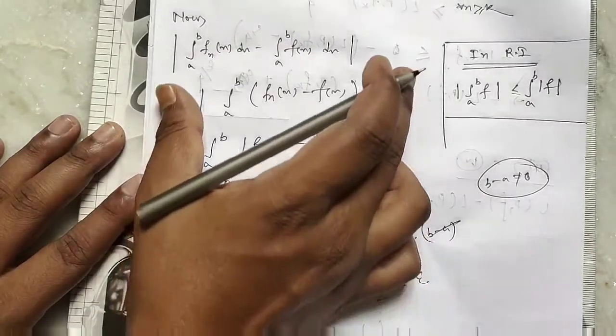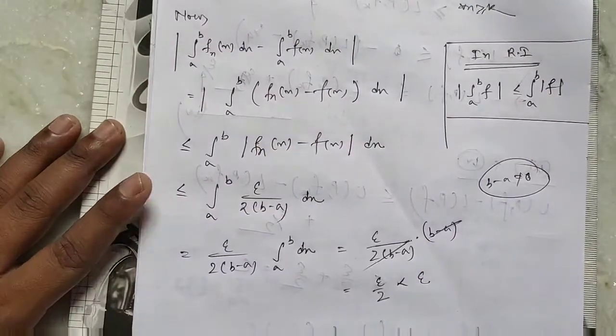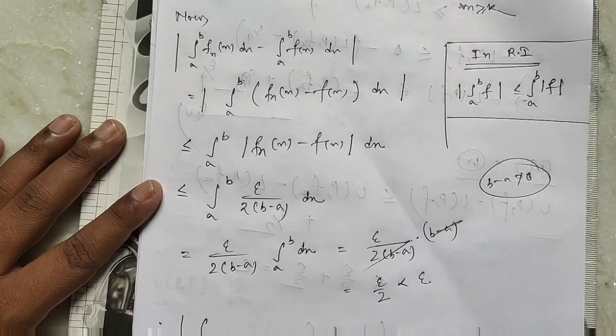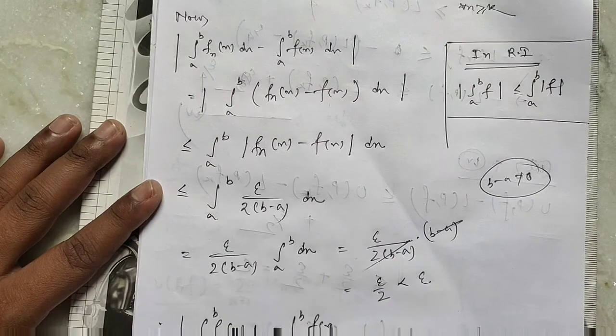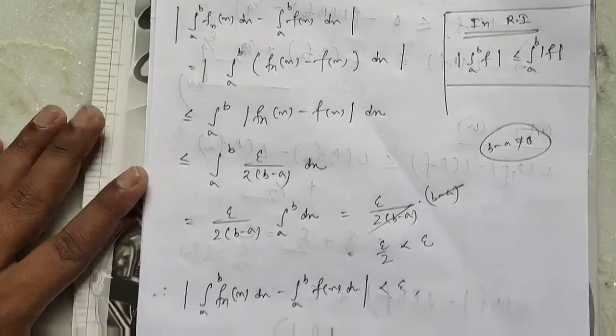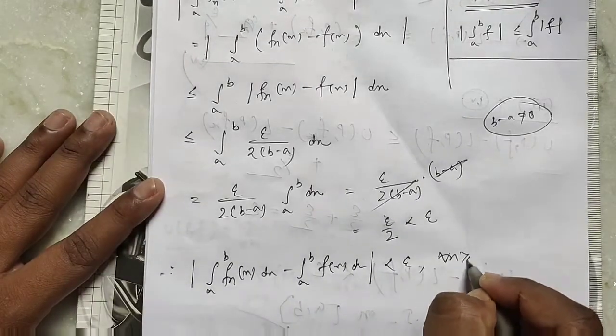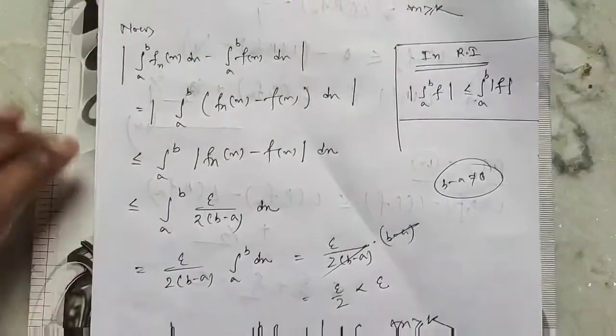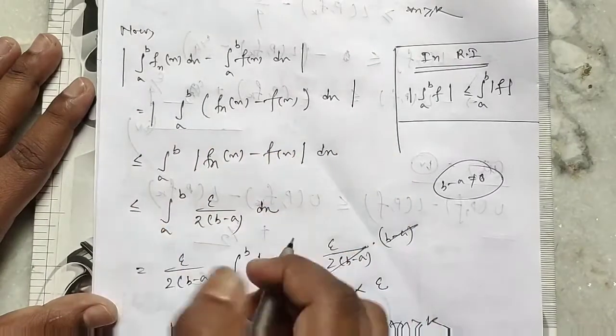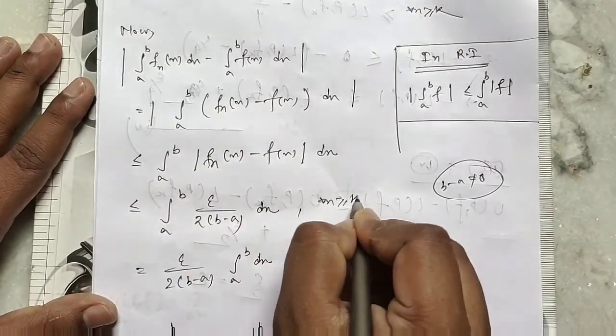So mod of this is less than epsilon, therefore mod of integration a to b fn x dx minus integration a to b f x dx is less than epsilon. This is less than epsilon for all n greater than or equal to k, because this is less than or equal to this for all n greater than or equal to k.